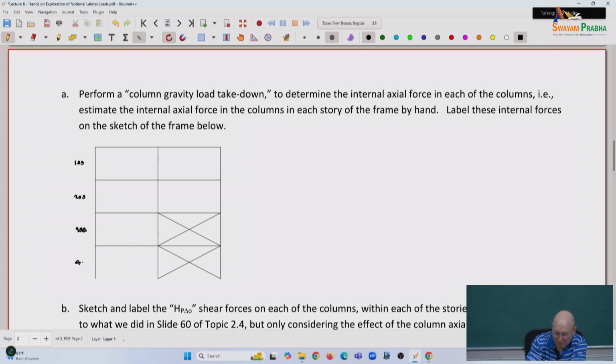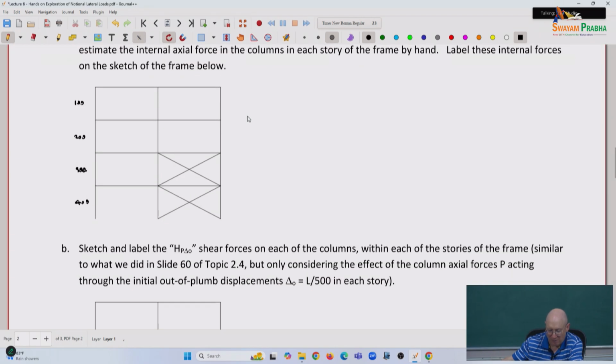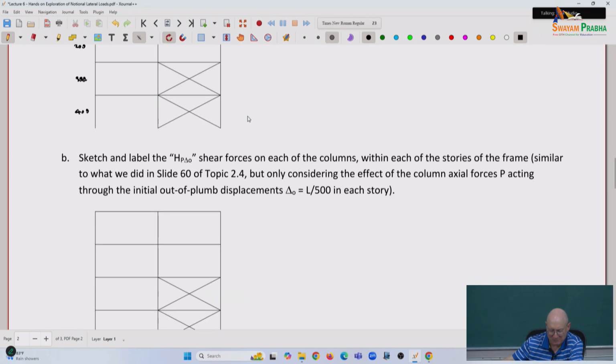This column would have 400. And same thing, I'll do a little ditto marks. The same thing for the other 2 column lines, same forces all the way from top to bottom down the frame. Okay, so that's basically the column gravity load takedowns.